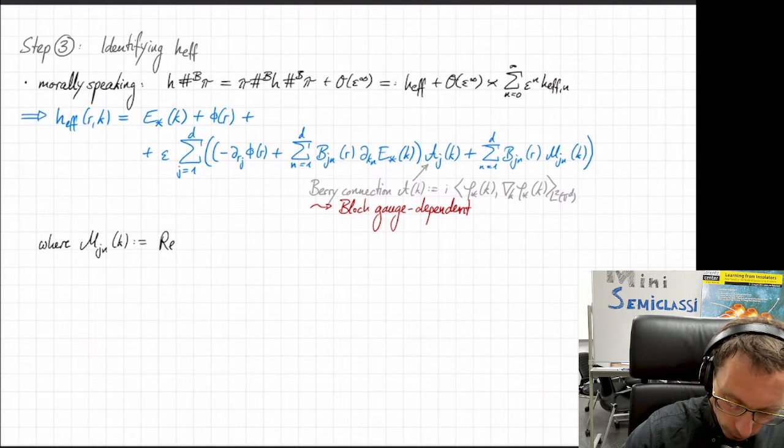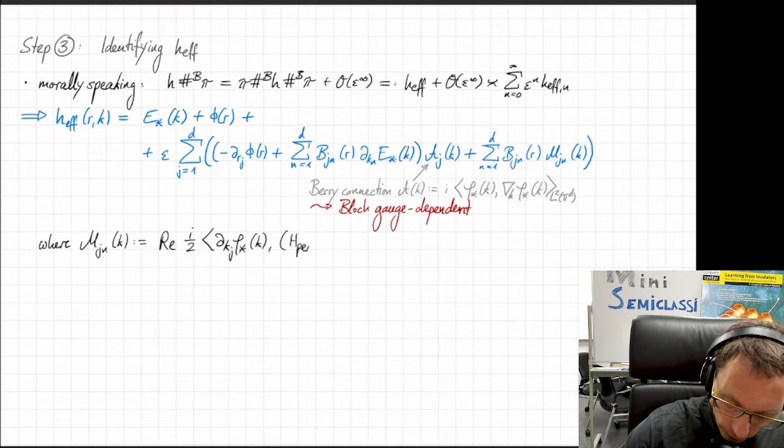So this is the real part of, I have, and then you take the scalar product of the k_j-th derivative of phi star with h periodic of k minus E star of k applied to the k_n-th derivative of phi star.